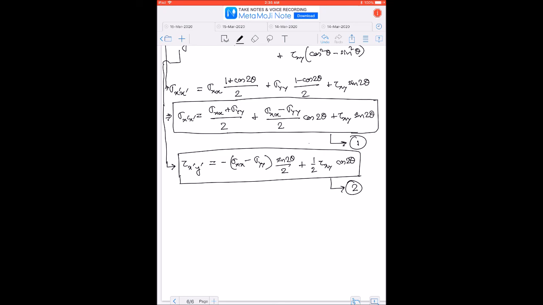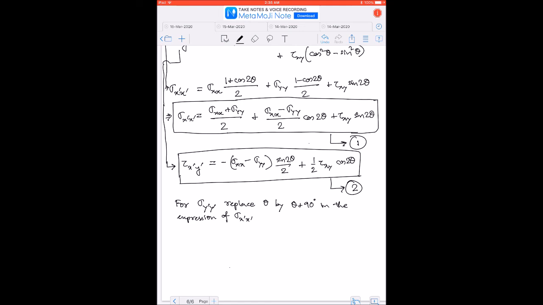That's all we have to do. So very quickly we can obtain that expression for sigma y dash, replace theta by theta plus 90 degrees in the expression of sigma x dash.